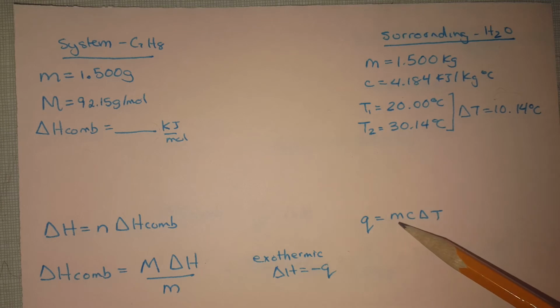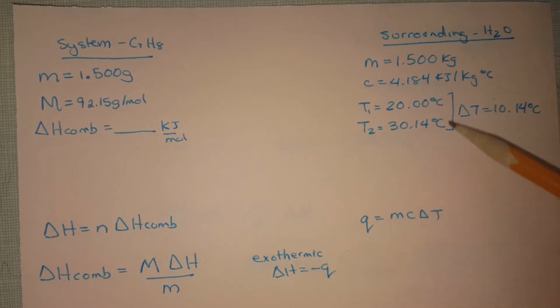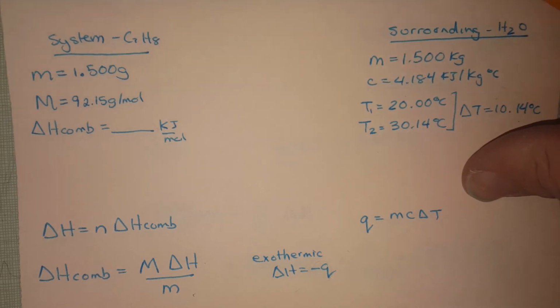That allows me to get my enthalpy change, my energy change in my system. I know it's equal to negative Q because it's exothermic. We know it's exothermic because the temperature goes up. Plus, molar enthalpies of combustion are always negative values. They're always exothermic.